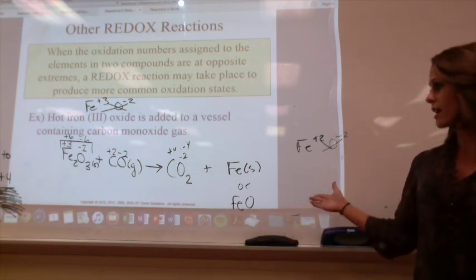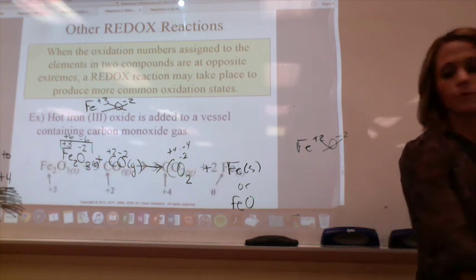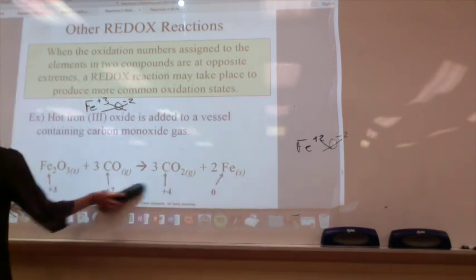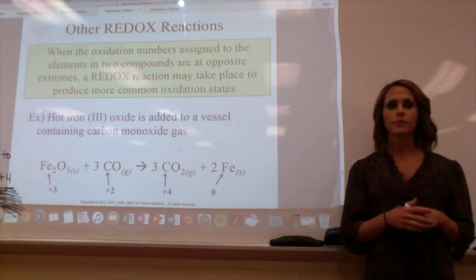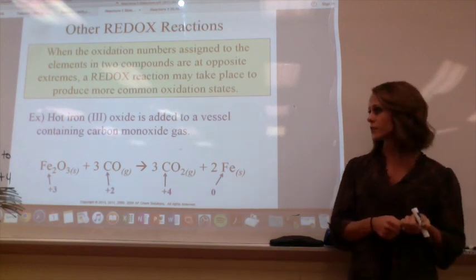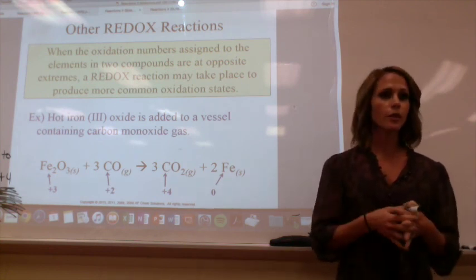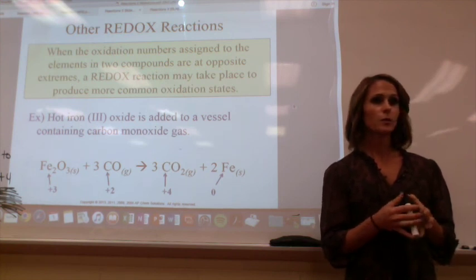You could write the atoms out and then check the overall charge. So if you wrote Fe solid, then here's your balancing. So 3CO, 3CO2, 2Fe. If you wrote FeO, then you're going to balance that separately. Okay, just one more.